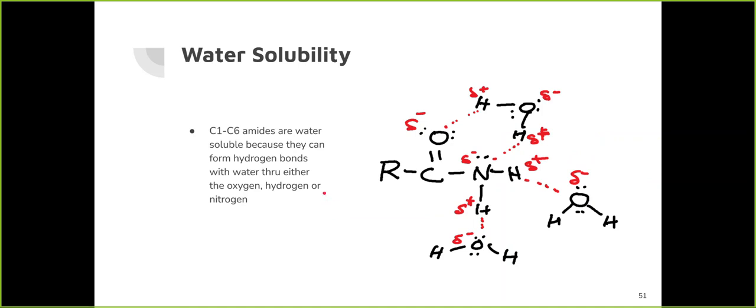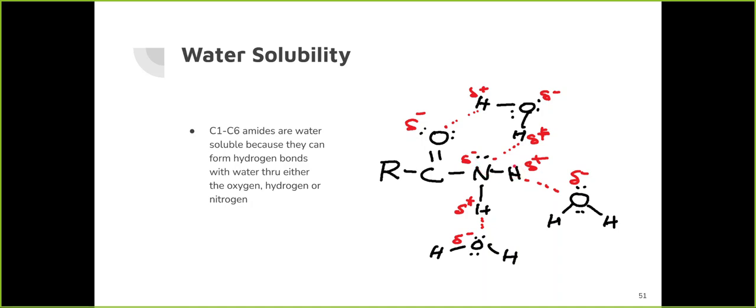Water solubility: 1 to 6 carbon chain amides are water soluble because they can form hydrogen bonds with water through either the oxygen, the hydrogen, or the nitrogen. So this is a complicated looking little critter here. We've got the oxygen here with the partial negative charge that can be bonded with this partial positive hydrogen in the water molecule. This hydrogen here that's partially positive can bond with this nitrogen, which is partially negative because of these electrons.